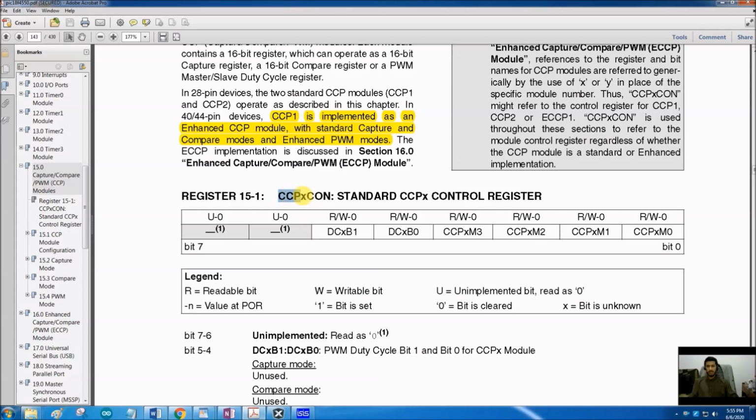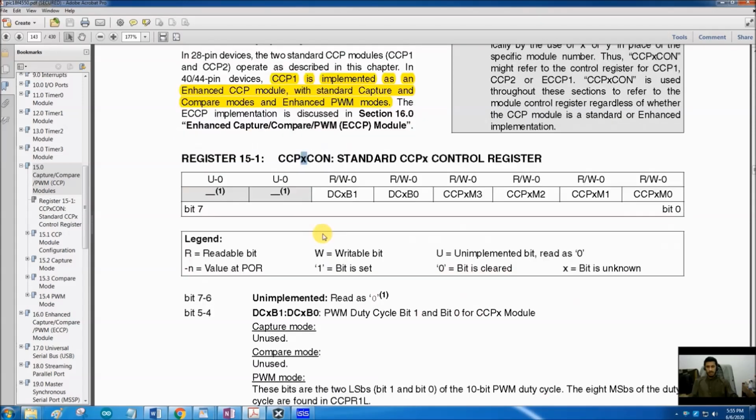So we actually have two control registers, CCP1CON and CCP2CON. They are 100% identical. There is no difference between the CCP1 module and the CCP2 module. That's why they have written X here, which can be replaced by 1 or 2 in case of CCP1 and CCP2.